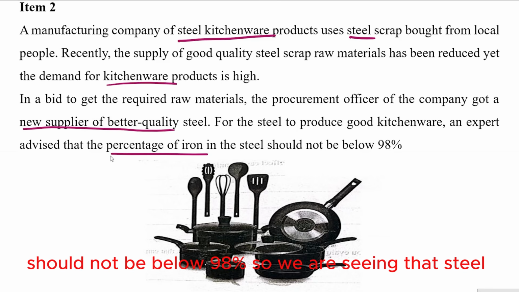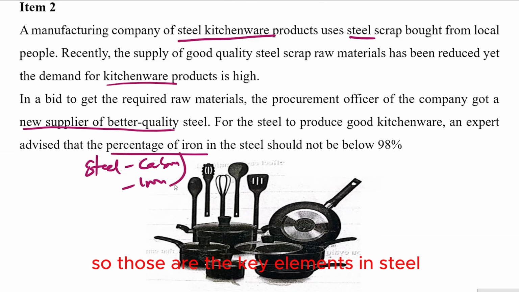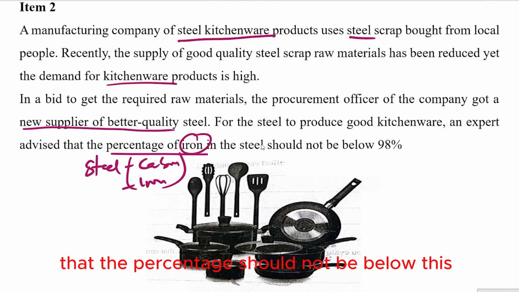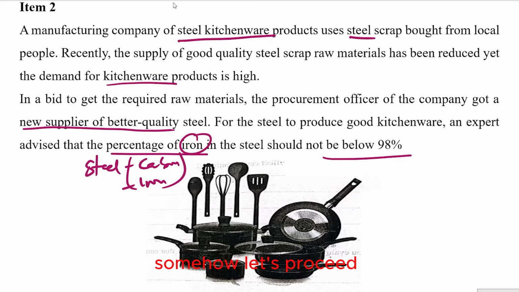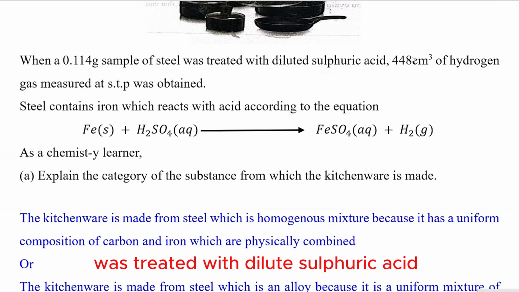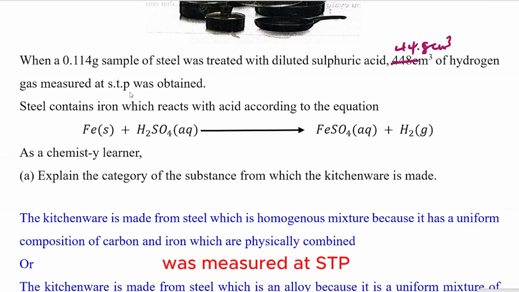So we are seeing that steel is made up of carbon and iron. So those are the key elements in steel. So we are seeing only iron is being considered, that the percentage should not be below this. So we shall have to look for that percentage somewhere, somehow. Let's proceed. When 0.114 grams of the sample of steel was treated with dilute sulfuric acid, 44.8 cubic centimeters of hydrogen was measured at STP.